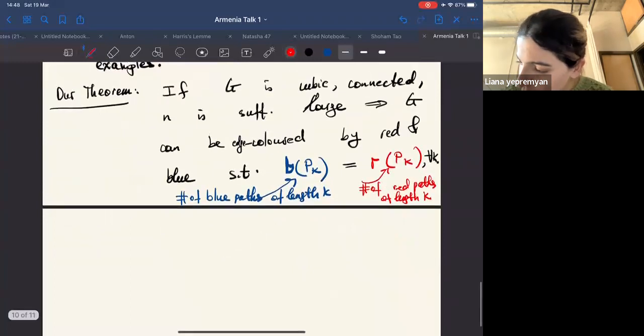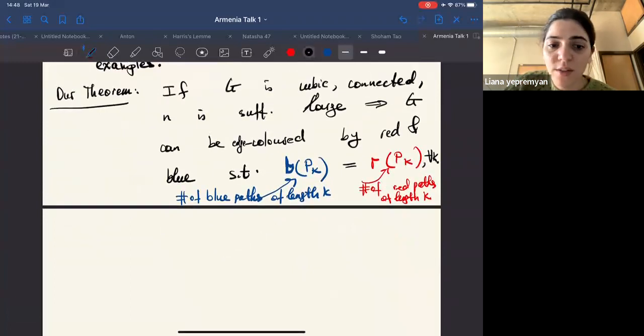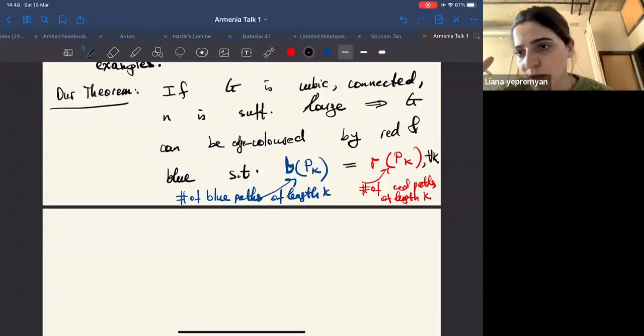So the approximate theorem, which will be the first step to prove our theorem, is the following. I will not ask for the number of red paths of length k and the number of blue paths of length k to be exactly the same, but I will ask them to be close to each other.